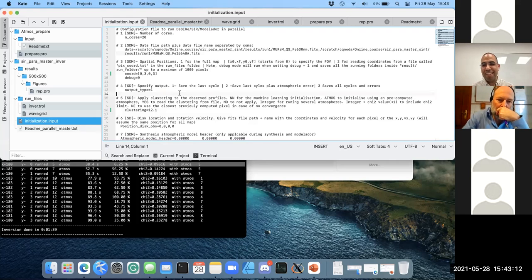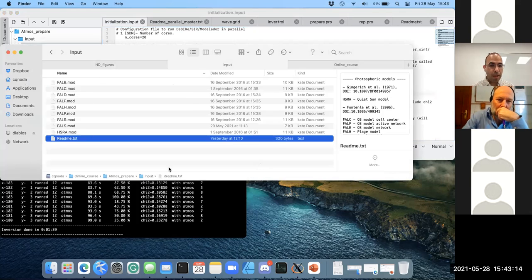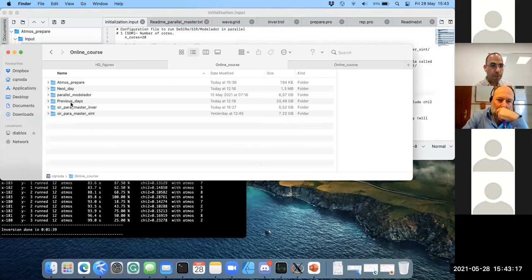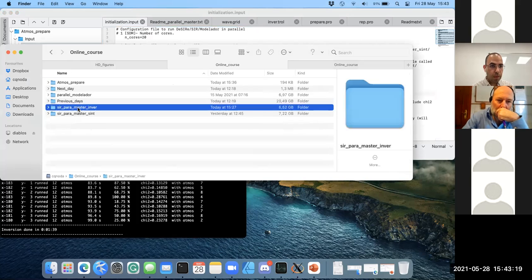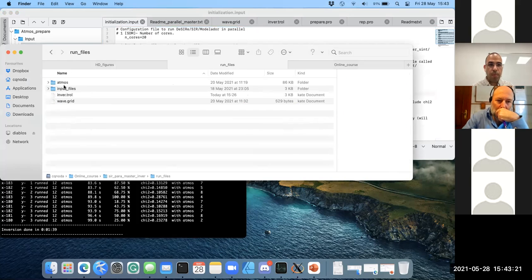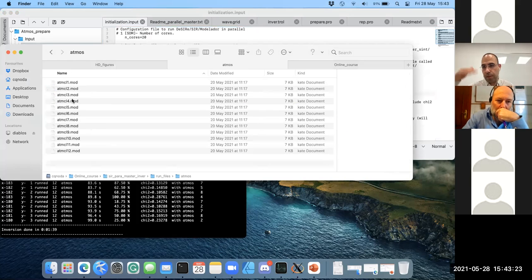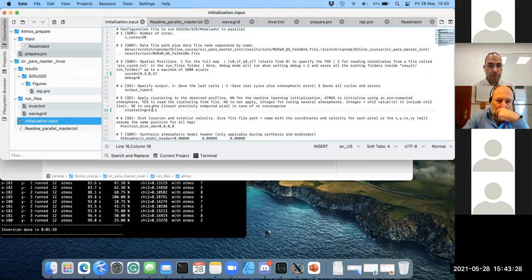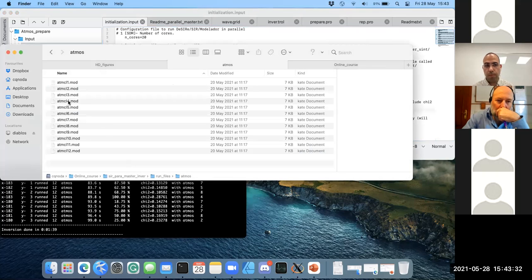I didn't understand the question. The idea is that the number of atmospheres you put here is what the code goes through. If you put, for example, 3, the code will just read number 1, 2, and 3; it will not read the others.